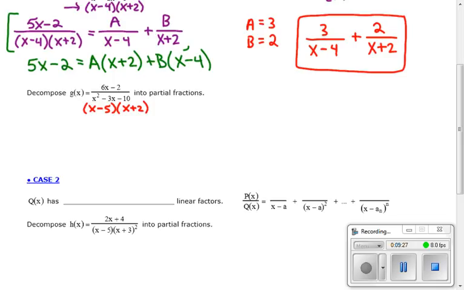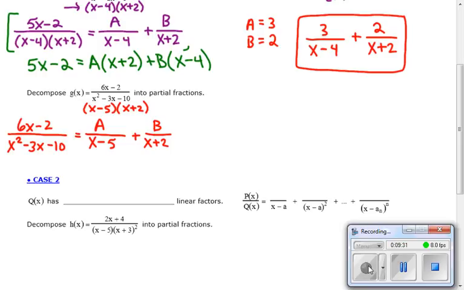We now set up the equation. That's my equation. And now, clear out your denominators, plug in values. What are you going to plug in? And then find a and b. Go ahead and pause this video, try it on your own, and then restart the video to check your answer.